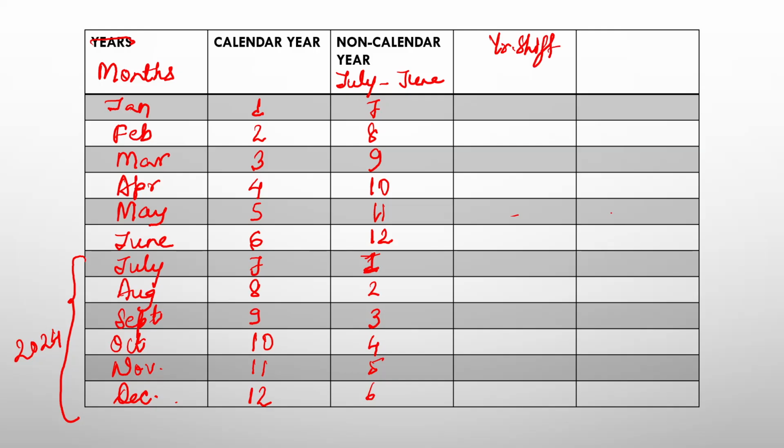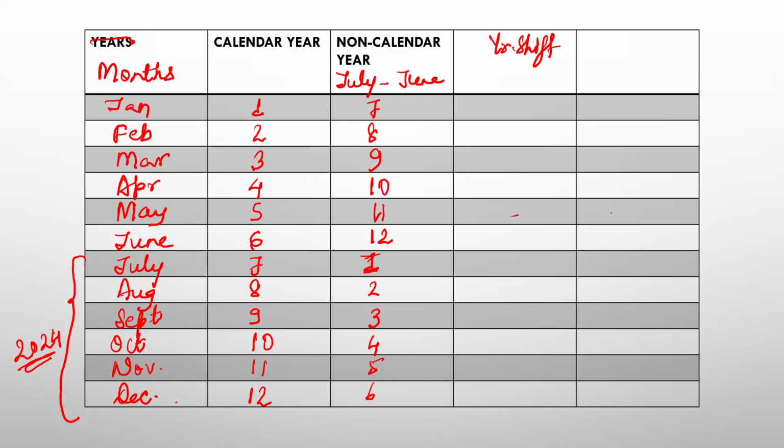Currently we are in 2024, and whenever an invoice is posted, it gets posted as per our calendar year. So if any invoice gets posted during July, August, September, October, November, December, it will be of 2024. Our client wants 2024, and the invoice will be posted in 2024 till December.